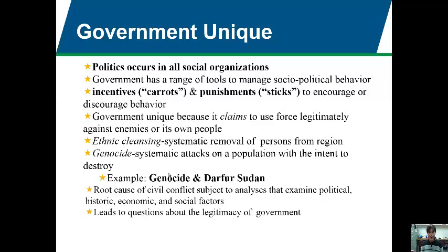Politics occurs in all social organizations. Us right now as a class, even though I can't see you face to face, we have sort of politics going on right now. I am the teacher, so I kind of rule the class. I'm kind of a dictator, sort of, and you as the students are getting this new learning from me through this online class.